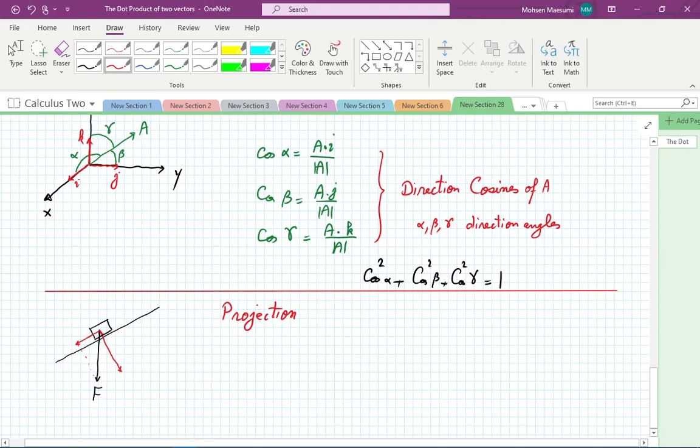So if I have F and I break it up into F1 and F2 here, then I can refer to F1 and F2 as the projections of F along these two directions.